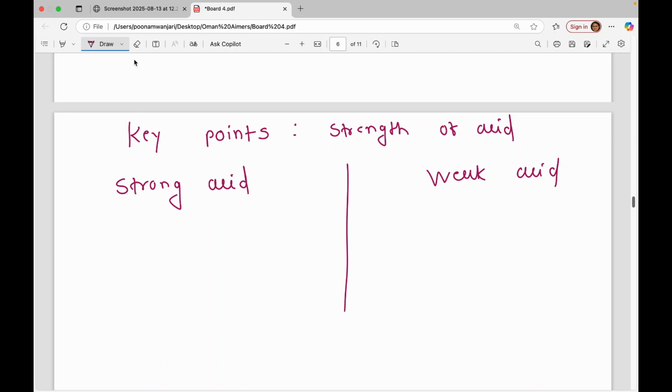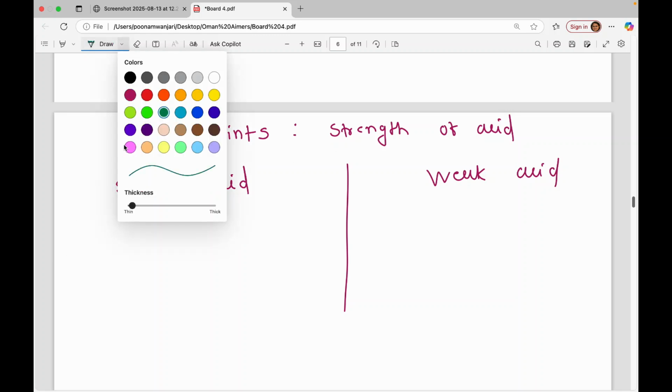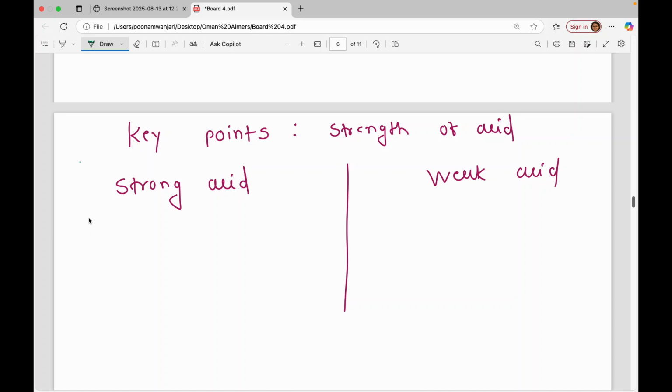When I say strong acid, ionization will be complete. And when there is complete ionization, we call them strong proton donors. Strong acid can easily donate protons.